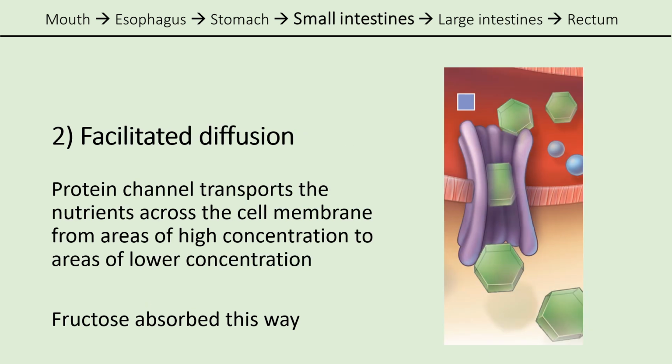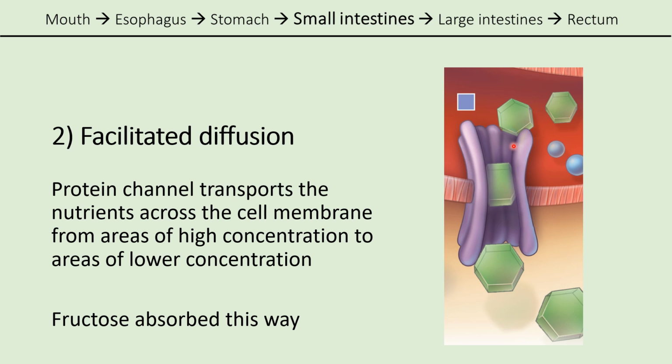Okay, the second is facilitated diffusion. Again, this is still with nutrients passing from an area of high concentration to an area of low concentration, so it's with the concentration gradient. But in this case, sometimes molecules are too big or too hydrophilic to pass through the cell membrane, and so they need a protein channel transport.